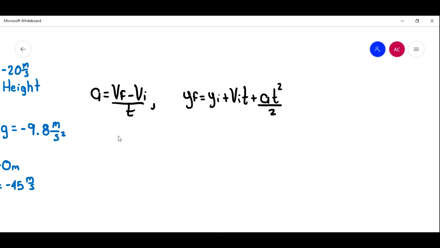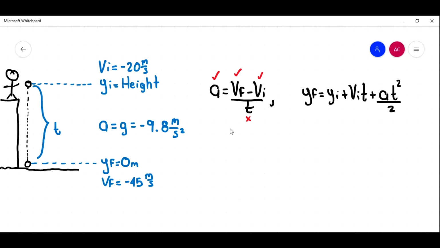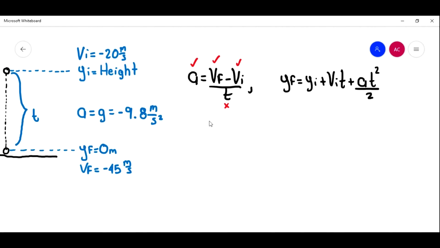Okay, so let's see what I have and what I don't have. Acceleration, yes. Final velocity, initial velocity, yes. Time, I don't have time. So from this equation, I'm going to find the value of time.